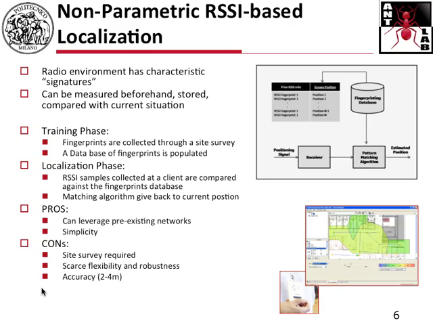For example, if you are talking about a shopping mall, a supermarket, you should have a site survey when the supermarket is full, when the supermarket is kind of average full, when the shopping mall is totally empty. Such that you know what is the database you have to use for a given point of time to get out information on localization. Okay? So it's kind of not flexible in the sense that you have to redo the site survey whenever something changes in the propagation environment.